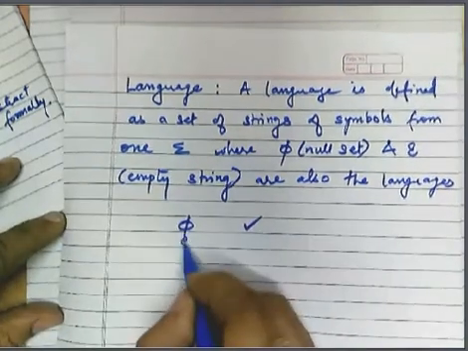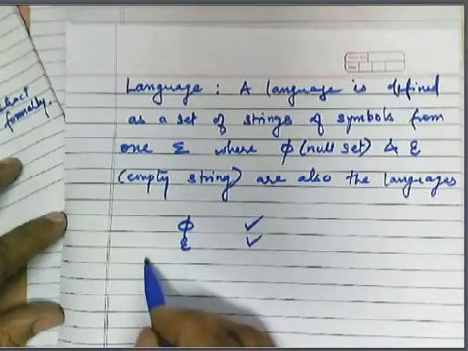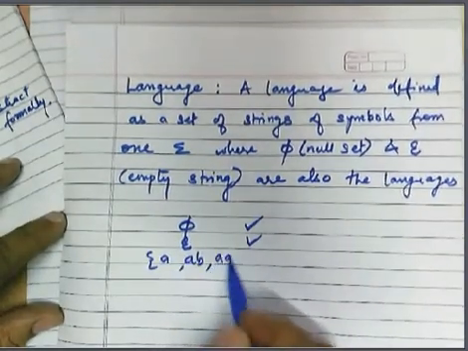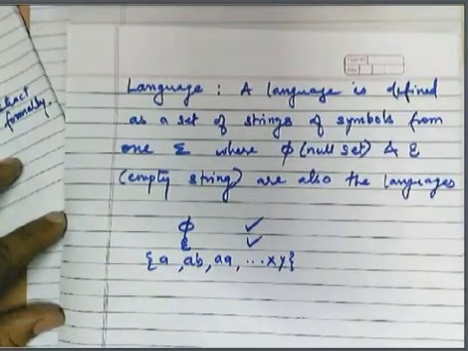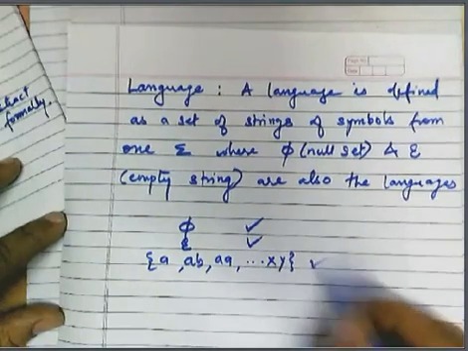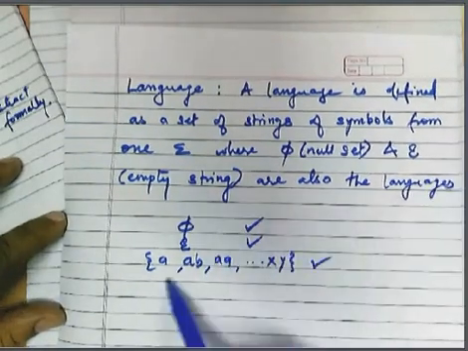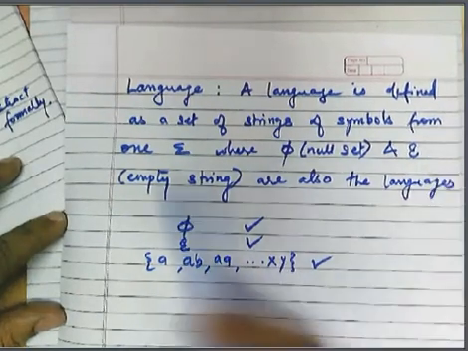If I am saying empty string, is it a language? Yes. If I say the set of some A, B, A, then X, Y, something like this, this is also a language. So what is a language? It is defined as a set of strings of symbols from one alphabet.